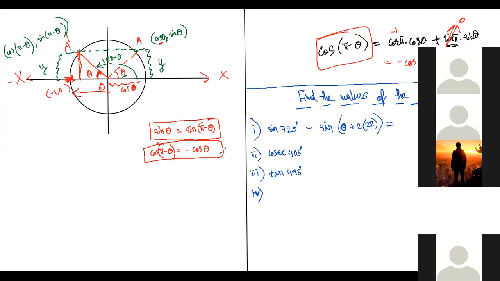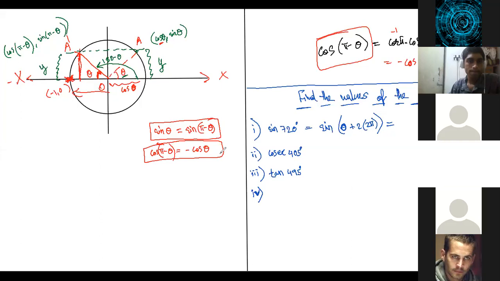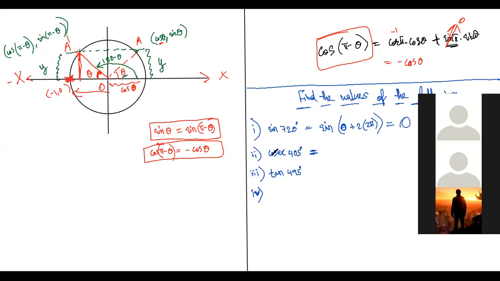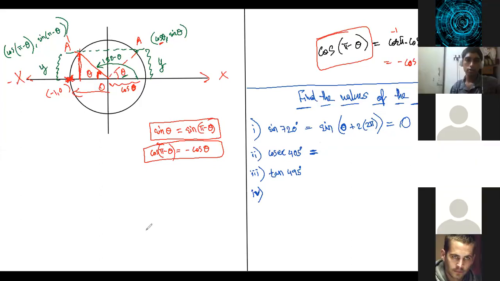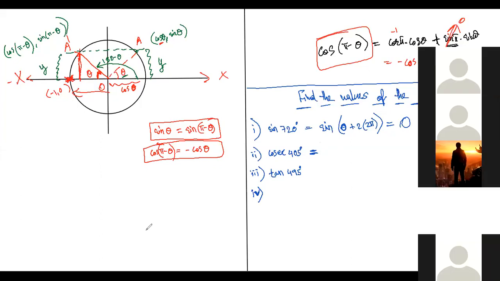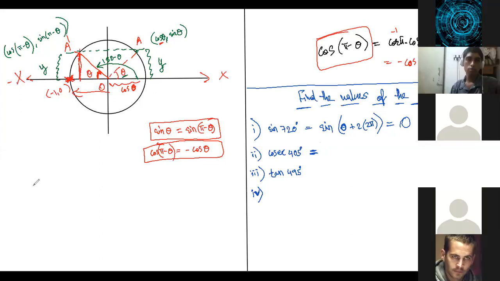Sir, can you tell me the value of sin... No, sorry, cosec 45 degrees. You think about it. Second one. Can you guys think about the second one? So that is equal to the value of cosec 45 degrees. Yeah, what is it? I think it's root 2. Root 2?